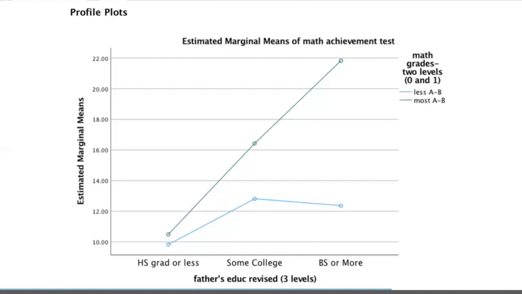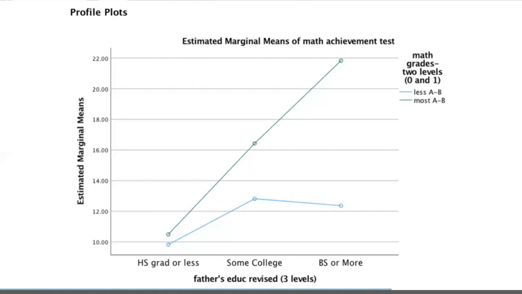However, where we do see that significance is if a father has a bachelor's of science or higher, and if the student is scoring high in their math grades as well. And so this table is showing us, drawn out with the statistics, what that plot was showing us.